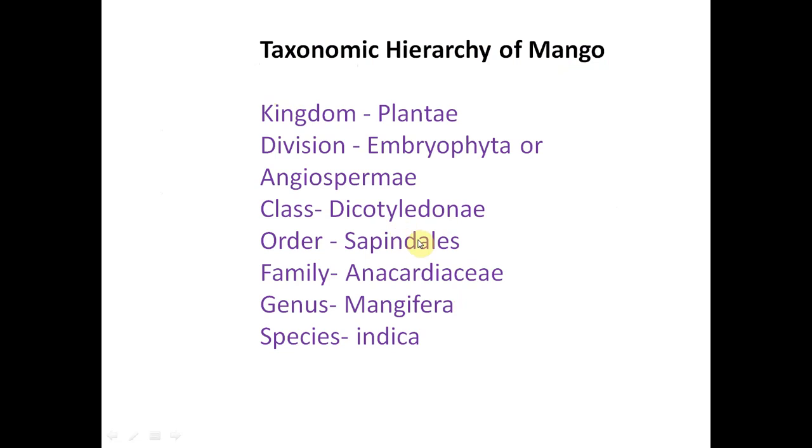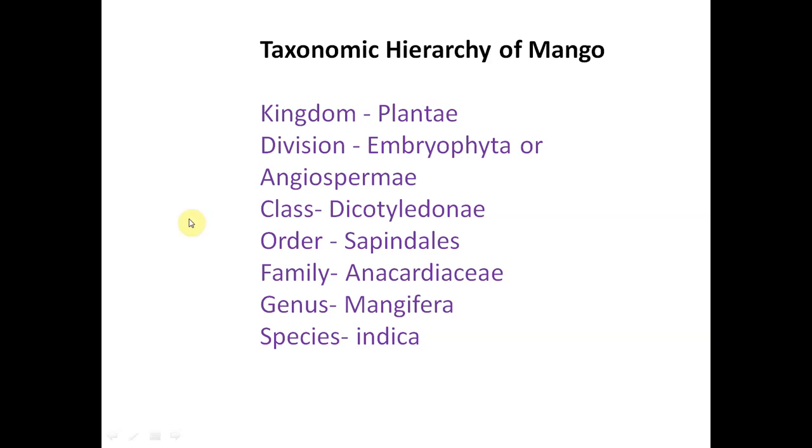Now we see the taxonomic hierarchy of the mango we already discussed. It belongs to the kingdom Plantae, division Embryophyta, also called Angiospermae, class Dicotyledonae, order Sapindales, family Anacardiaceae, genus Mangifera, species indica. So this is called the taxonomic hierarchy of Mangifera indica.